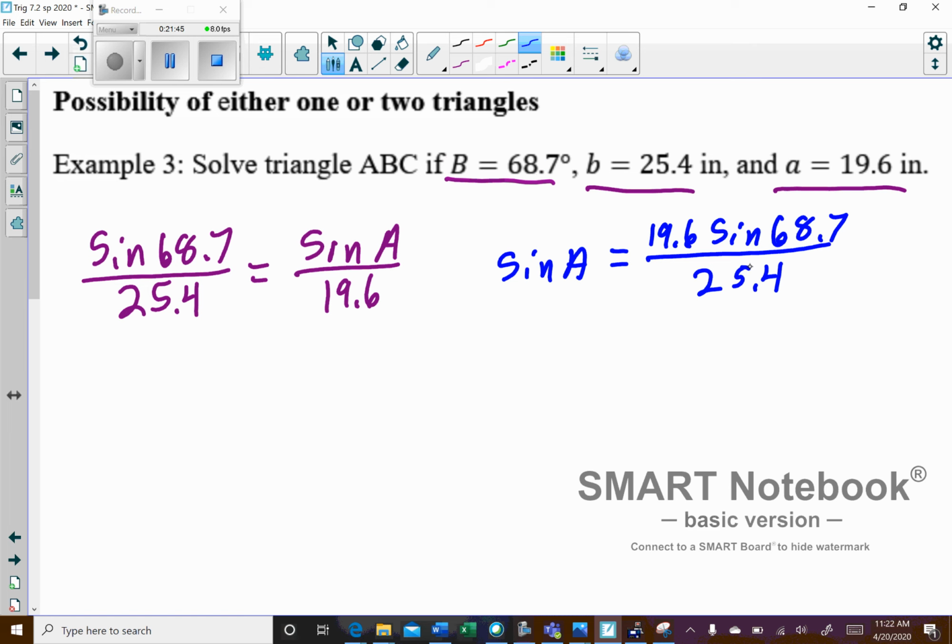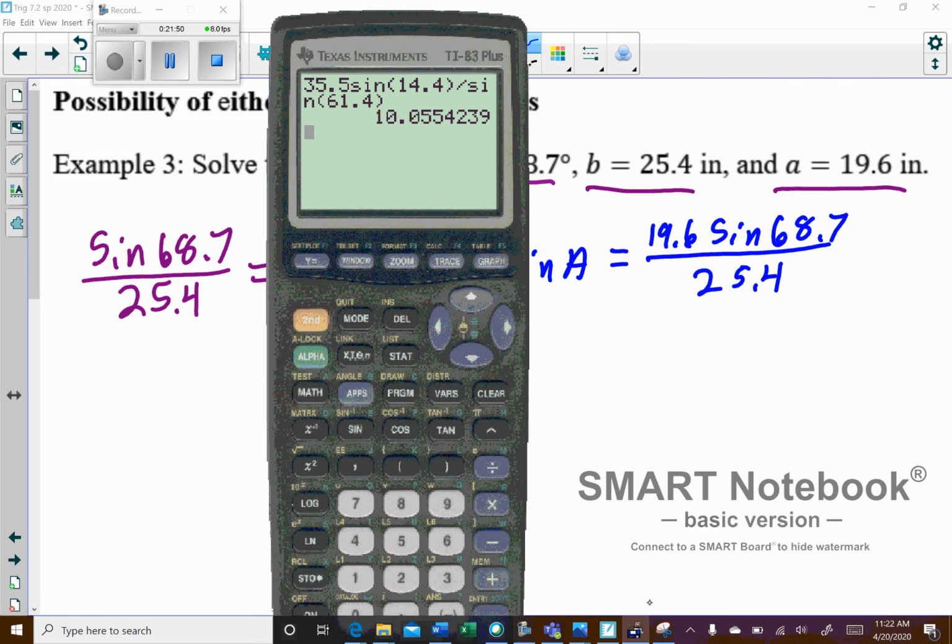All right, so we'll go ahead and put this in the calculator. So let's see, 19.6 sine of 68.7, close it, divided by 25.4. Okay, so we get 0.7189, and so on, and then you have to take the sine inverse of that.